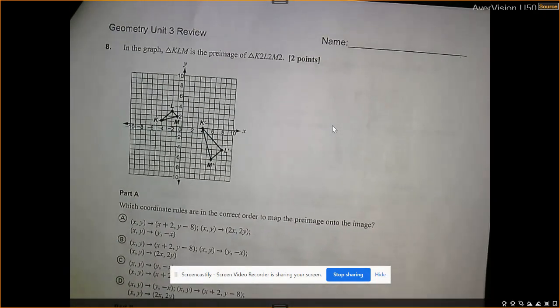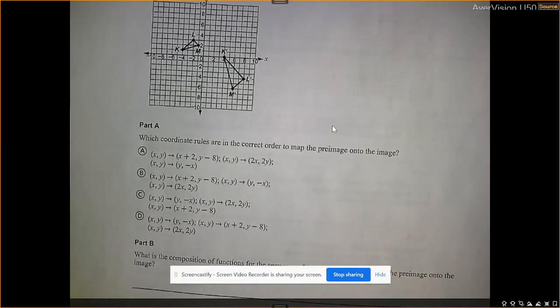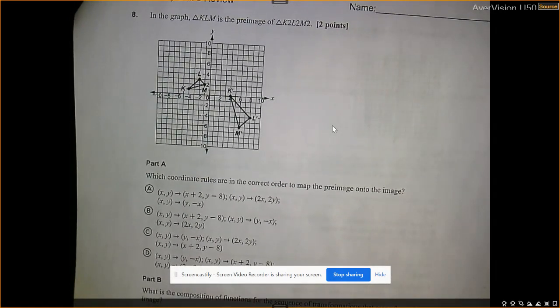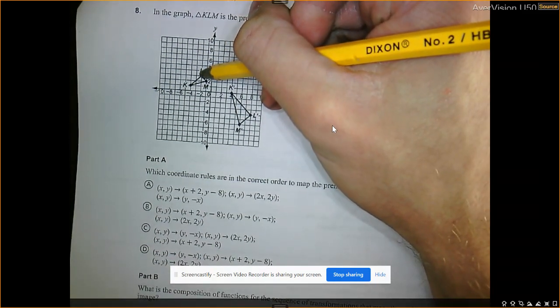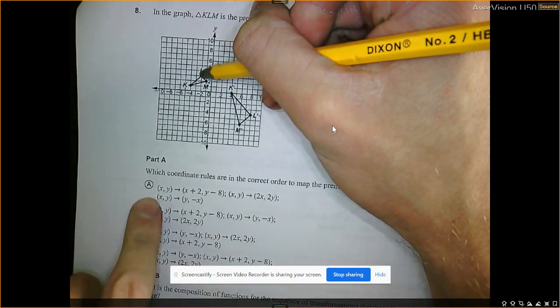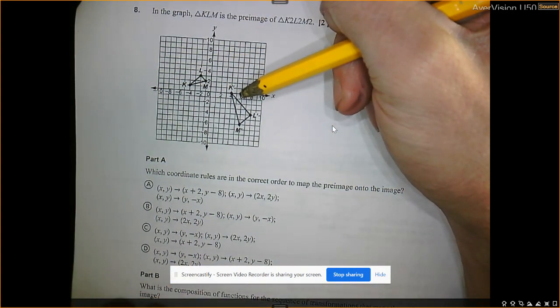All right, now moving on. We now have what I think is kind of a tricky problem here. And really, in order to think about this one, you just kind of have to focus on one point here and just see what's going on. Okay, now L, if we're focusing on L, and we need to know what is going on in what order we're doing this.